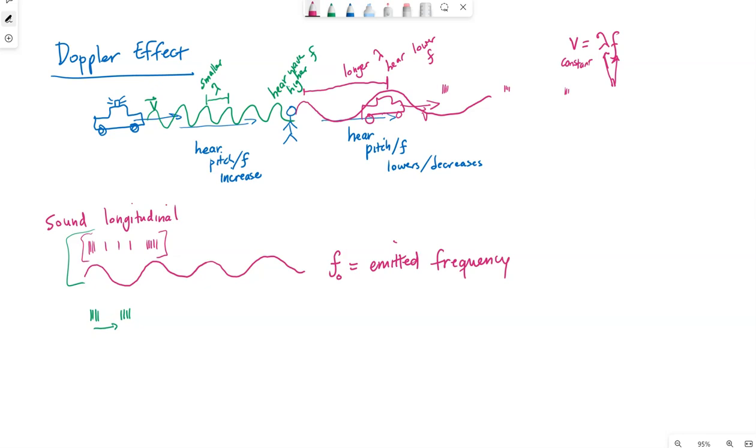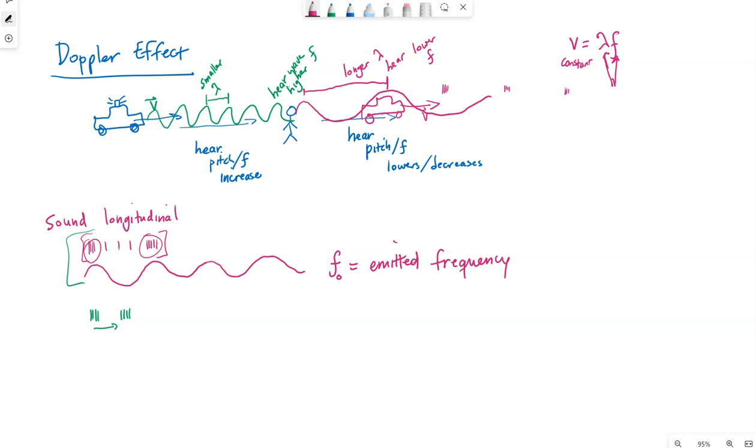So towards us, those compressions get closer together because of the motion. Closer together means a smaller or shorter wavelength, which in turn means the frequency is higher that we observe, and vice versa for motion away.